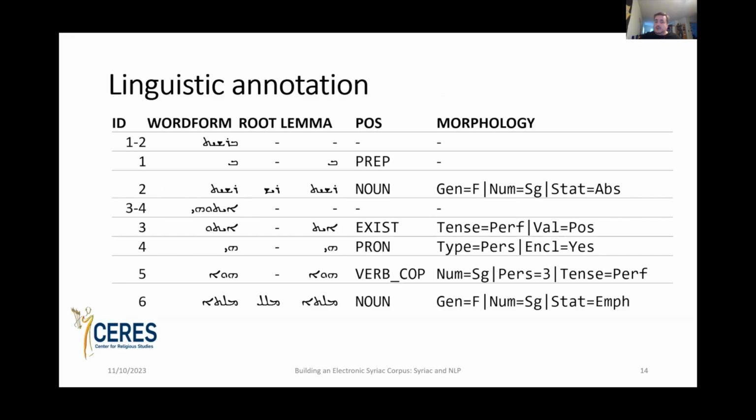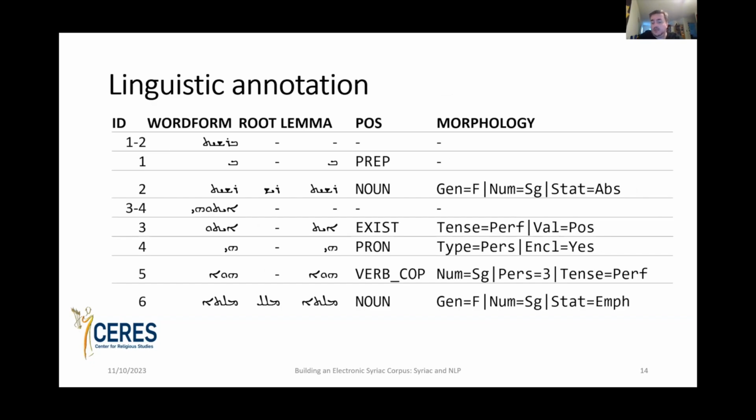So one of these days, we hope to end up with millions and millions of words of text annotated like this, with various levels: word form, root, lemma, part of speech, morphology. As you can see, there are already some issues if you look at it closely, especially item number 3, the existential particle.